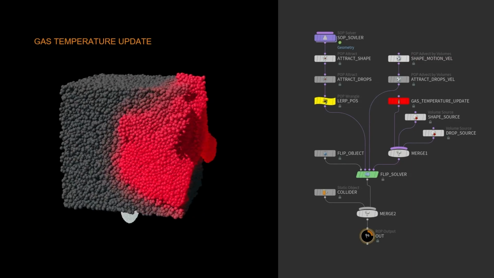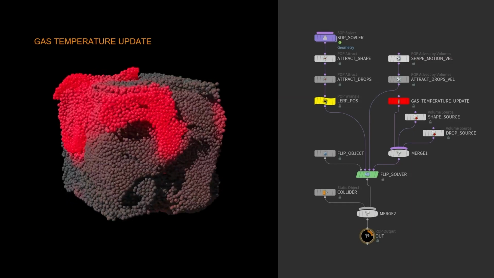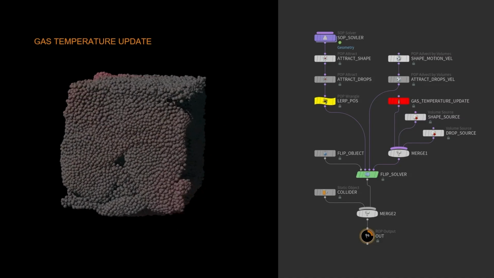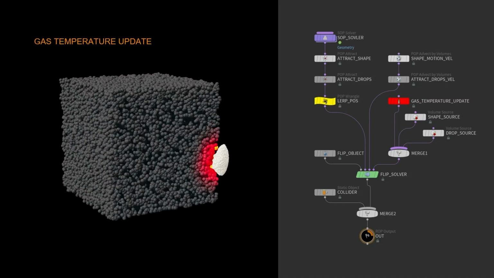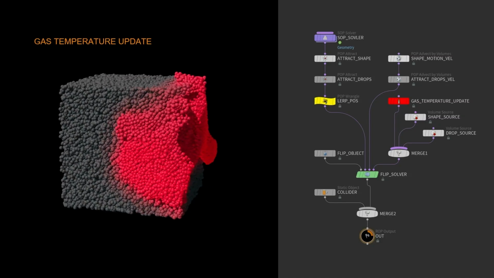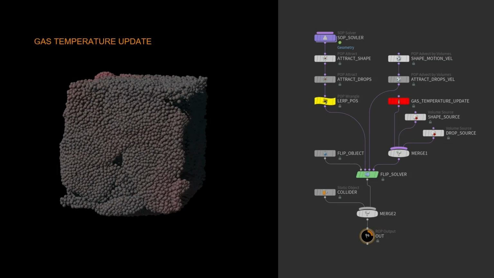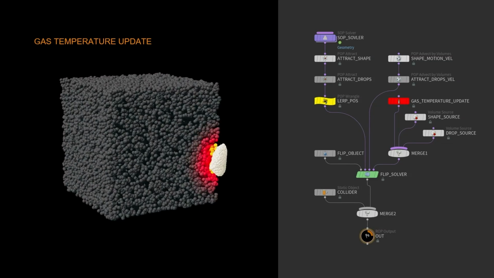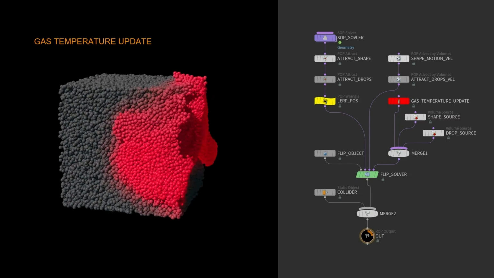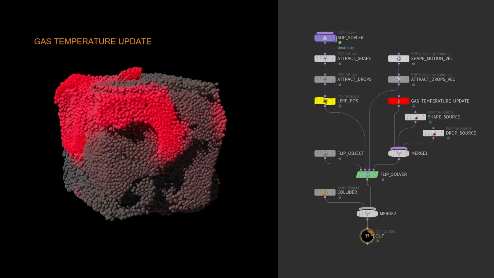And now the most important bit that drives this whole, let's say, unique motions. So it's obviously the temperature and gas temperature update. It's a great tool. It was introduced somewhere around Houdini 15, if I'm not mistaken. And it gives you the ability to just skip the whole process of melting and doing these things in subsolver.